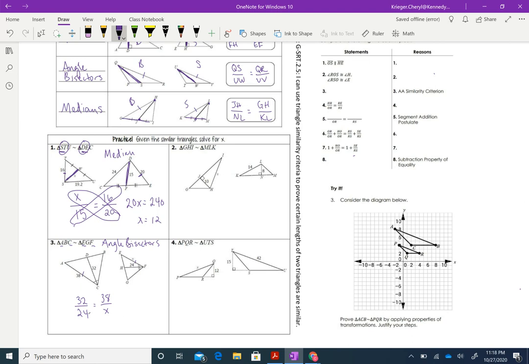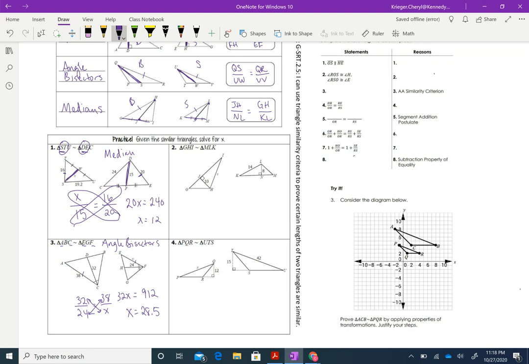Cross multiply again. That's 32 times x is 32x, and 38 times 24 is 912. We divide both sides by 32 to get x equals 28.5.